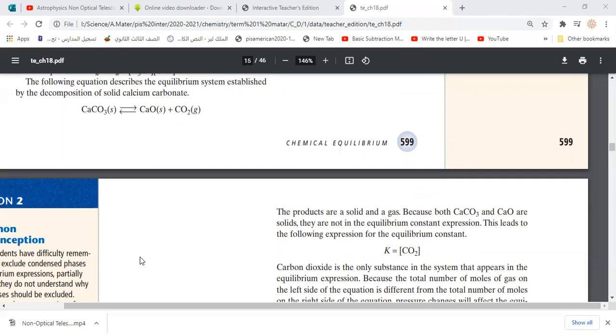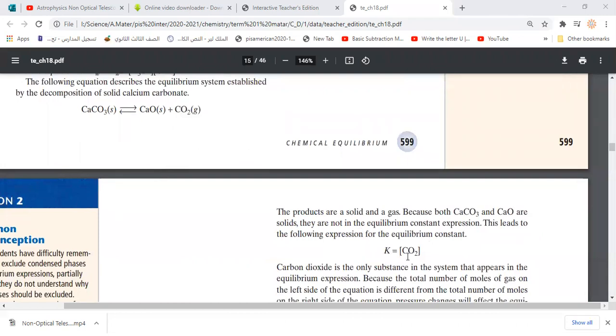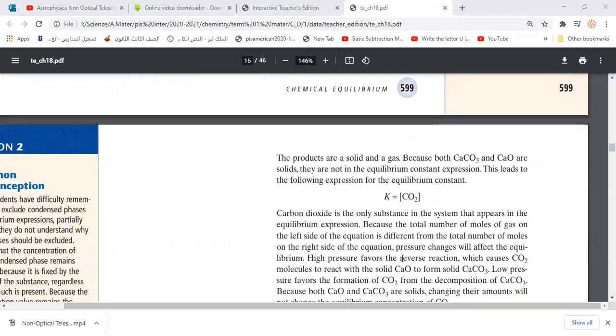Because calcium carbonate and calcium oxide are both solids, their concentration will never change. They just settle down at the bottom of the tube. So we cannot use them in the mathematical equation of K. So we can say in that case, the equilibrium of this reaction will just depend on the concentration of carbon dioxide, how much carbon dioxide is going to be produced from this reaction.